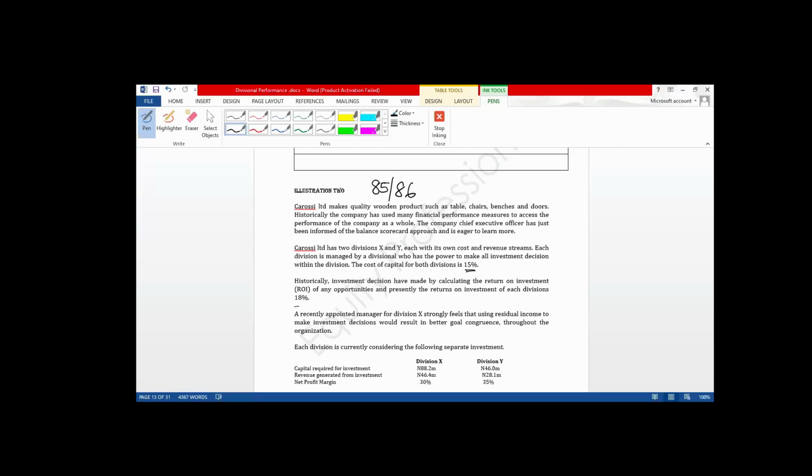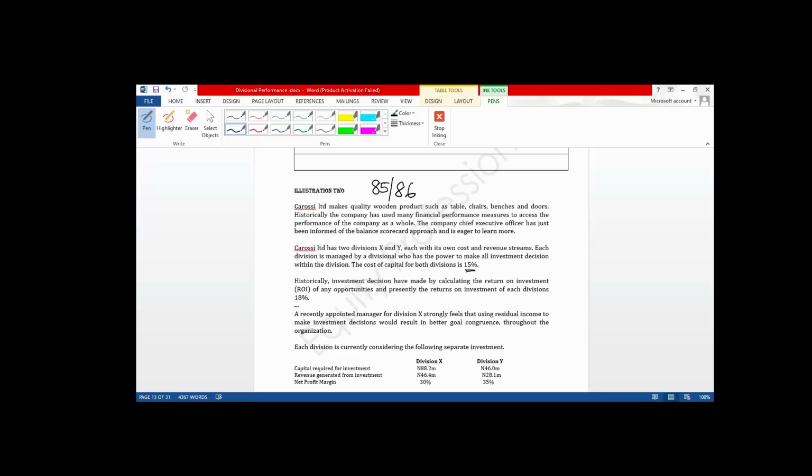A recently appointed manager for Division X strongly feels that using residual income to make investment decisions will result in better goal congruence throughout the organization.